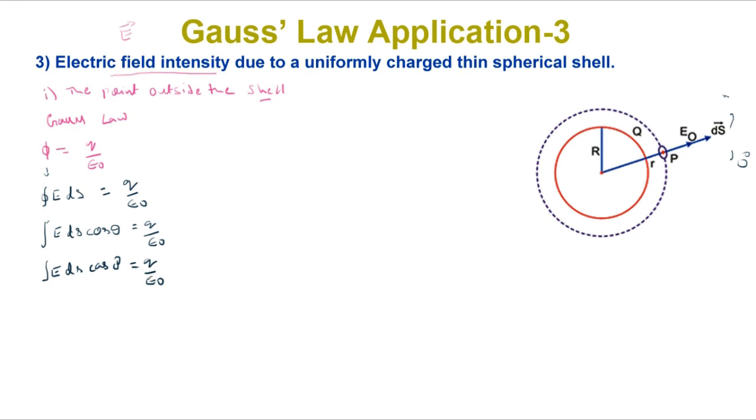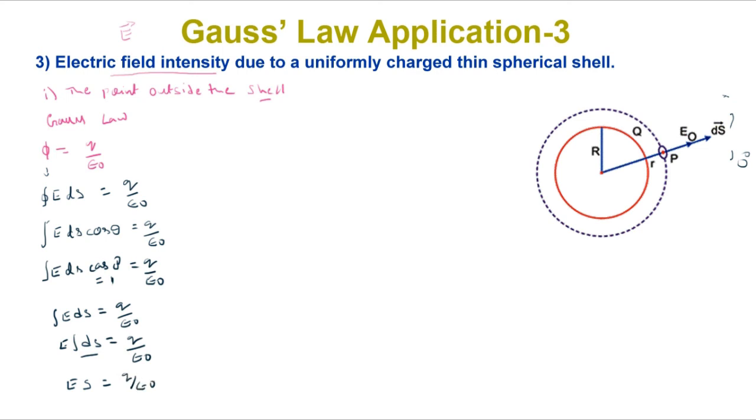Cos 0 is 1, so E ds integration is Q by epsilon naught. Taking E outside, E times the integration of ds is E S, equal to Q by epsilon naught.